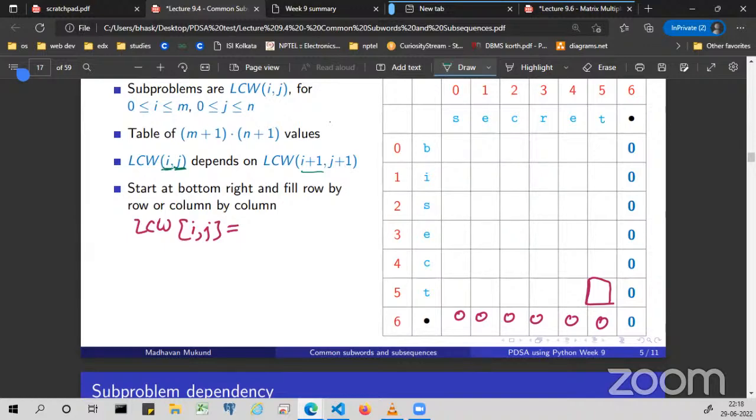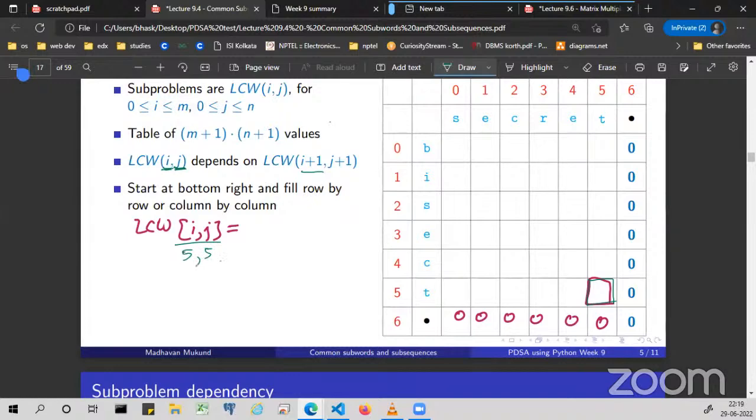So if we see that example, now ij is this cell. Let's say I consider this particular cell, LCW of ij. So I is 5, right? Not going by array notation, I'm going by just the graphical notation. I is 5 and j is also 5 in that sense. 5 comma 5.